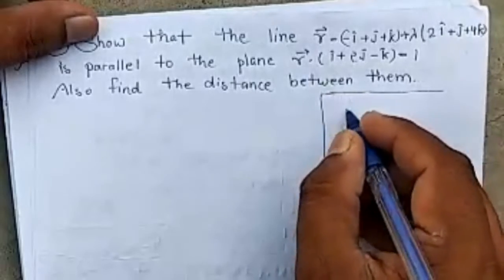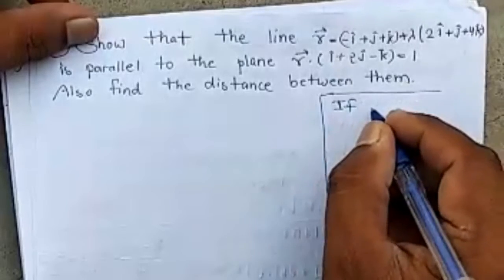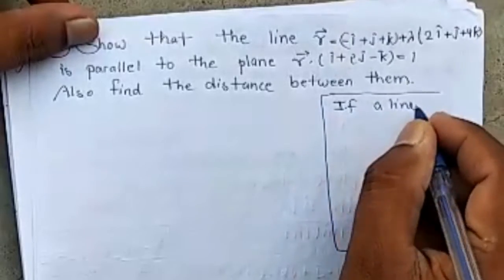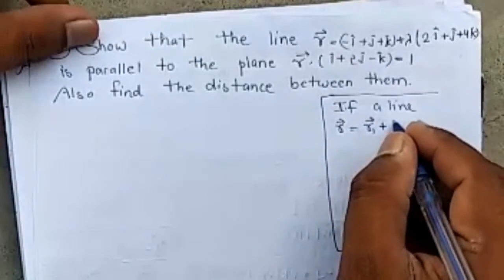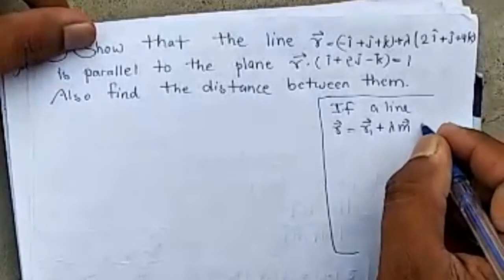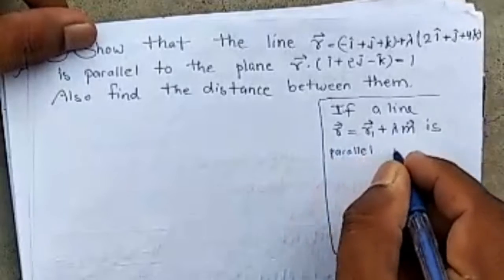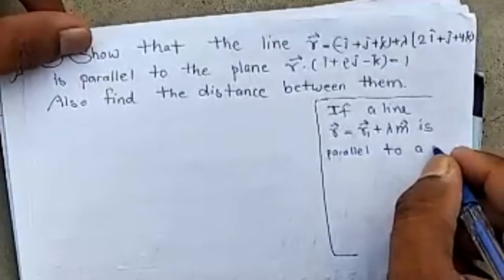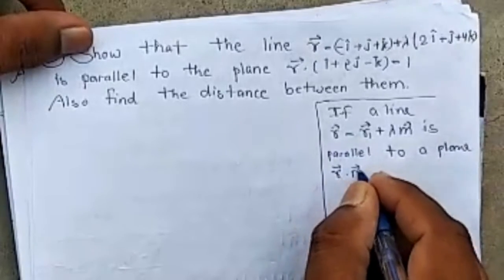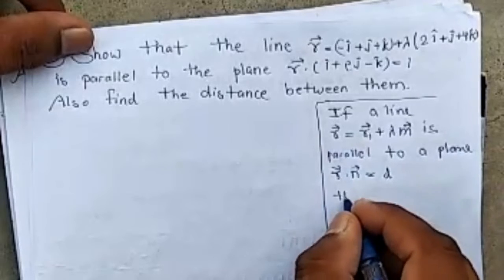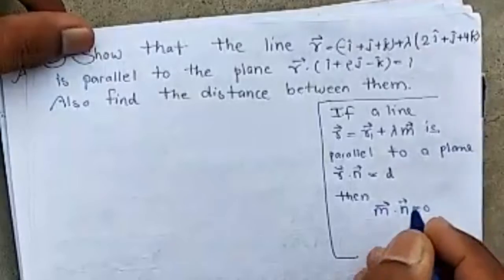We know that if a line r vector equal r1 vector plus lambda m vector is parallel to a plane r vector dot n vector equal d, then m vector dot n vector equal 0.